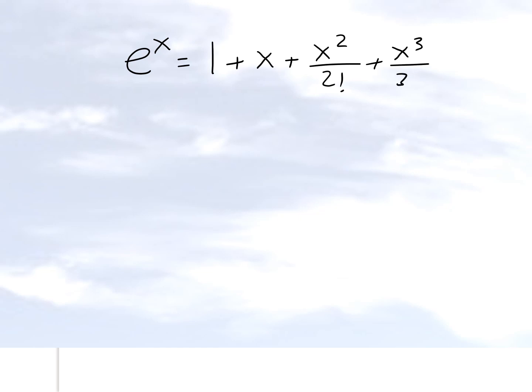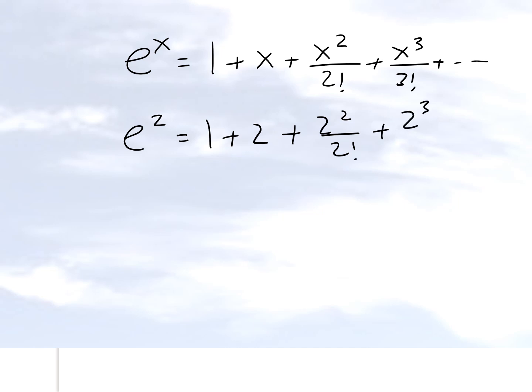Let's take the example of e to the power x. E to the power x in Maclaurin series is given by this infinite summation. And let's suppose somebody says, hey, go ahead and calculate e to the power 2. I would say, okay, it is this quantity right here, and so on and so forth.